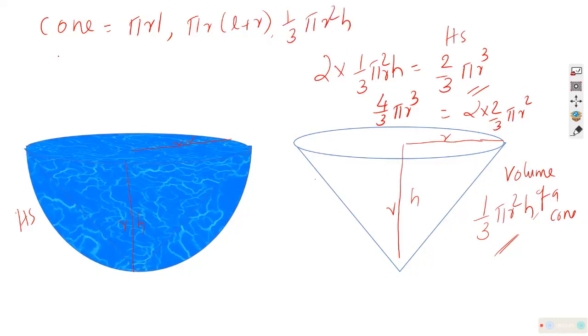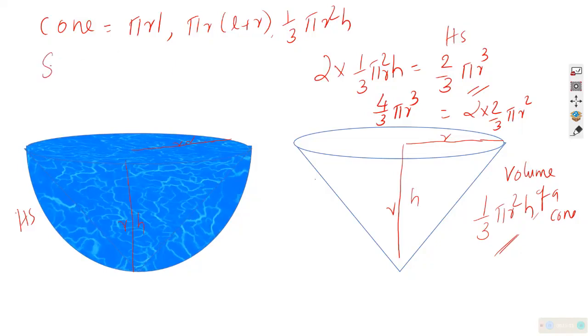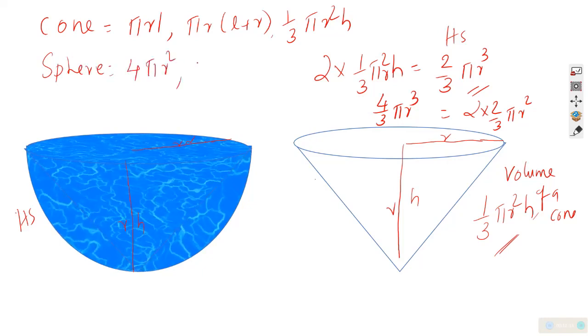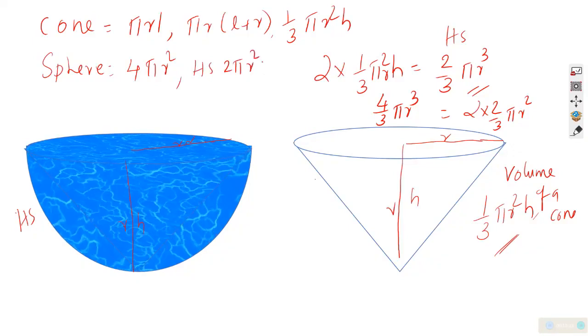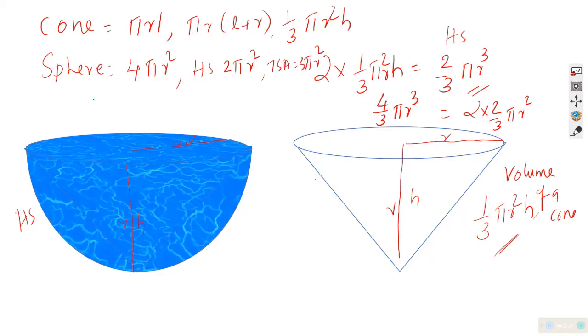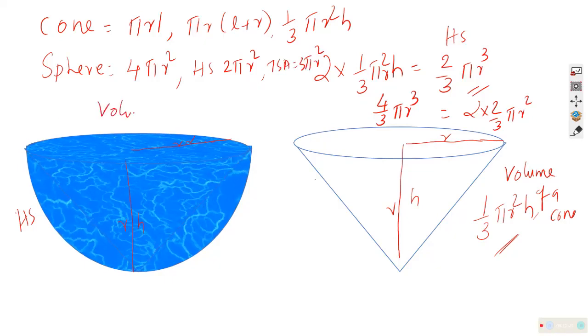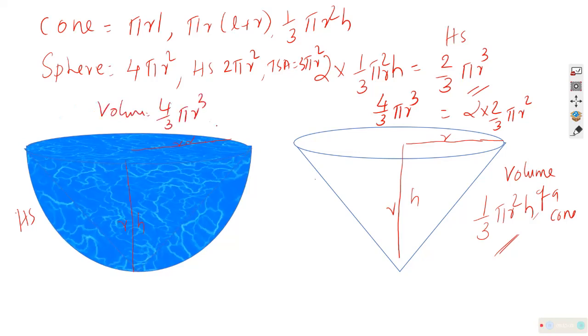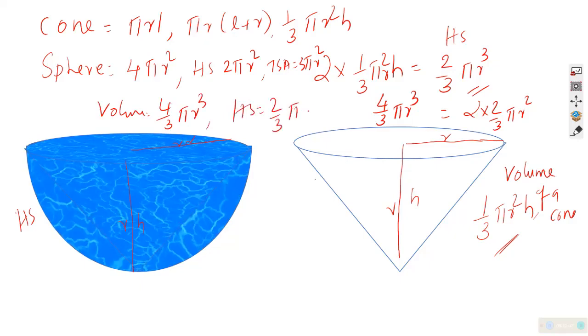When you studied the sphere just now, you found that the total surface area is 4 pi r square, that of the hemisphere is 2 pi r square for the curved surface and 3 pi r square for the total surface area, and the volume of the sphere is 4 by 3 pi r cube, and that of the hemisphere is 2 by 3 pi r cube.